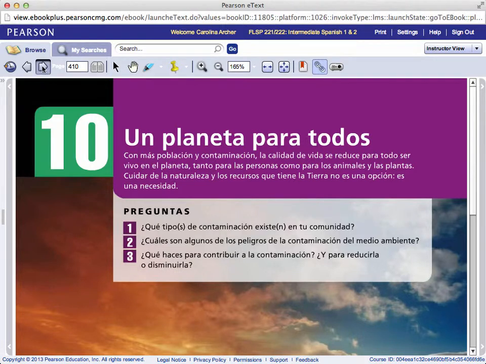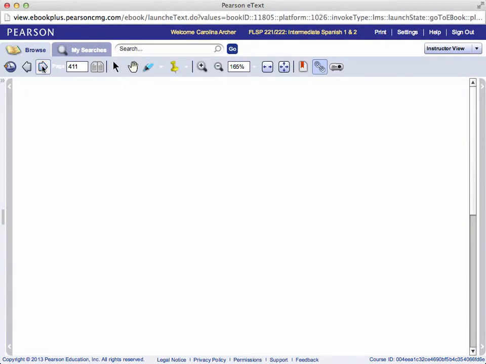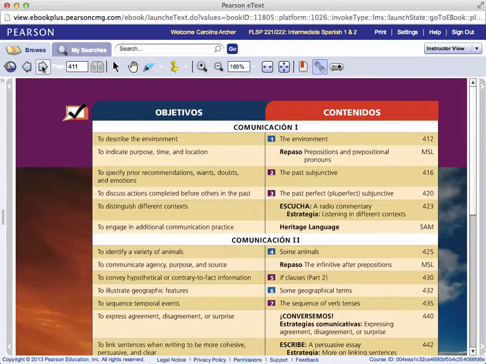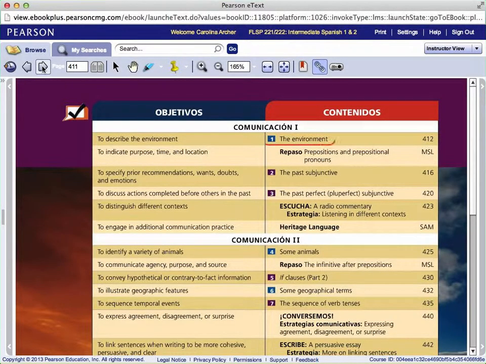Entonces, vamos a ver qué contenidos y objetivos tenemos aquí. We're going to learn vocabulary to talk about the environment, to describe the environment in general. We are going to also do a review of prepositions and what prepositions we use in Spanish and how they work, and prepositional pronouns.